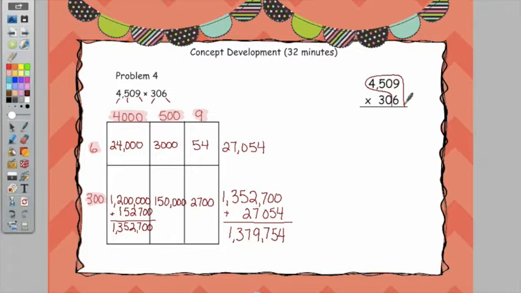So the first row of multiplication will not have a 0 on the end. The second row of multiplication, how many zeros will we put on the end? 2. So we're skipping from no zeros to 2 zeros. And you need to focus on what you have over here on your area model, and that will help you. You can also look at the place value of the 3. You know it's in the hundreds place, so you're going to need 2 zeros.